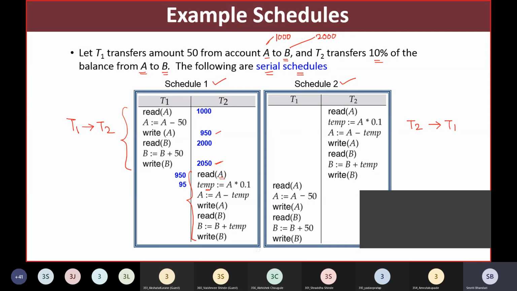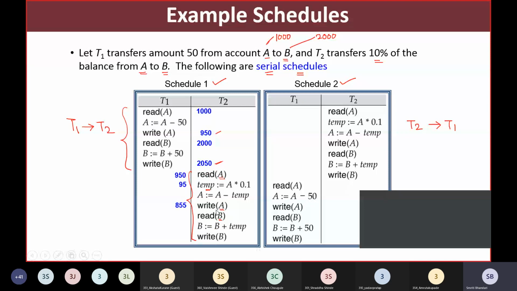Obviously 10% of 950 is 95, and that amount is transferred from A to B. So 95 will be deducted from A, and T2 is now writing this balance 855 to A's account.